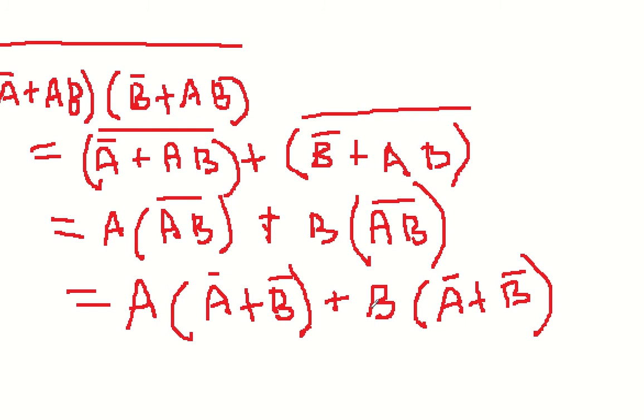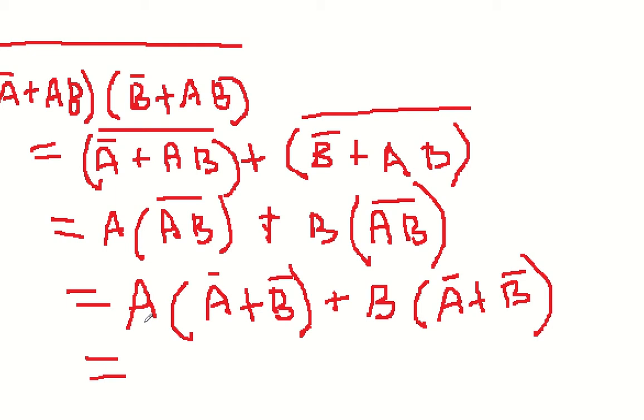That we have done. Another is when you have summation between two variables, then after applying De Morgan's, what will happen? Multiplication and complement above each element, each variable.